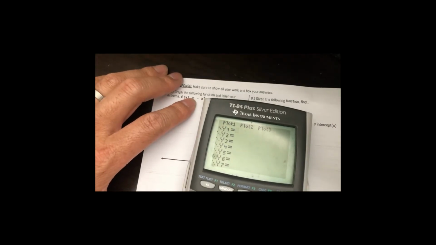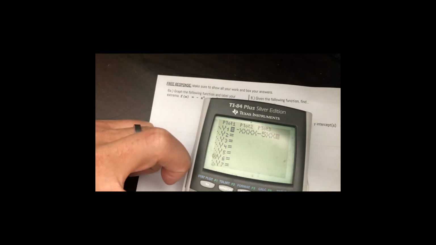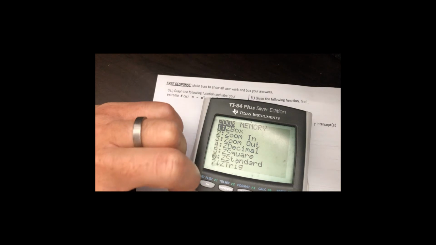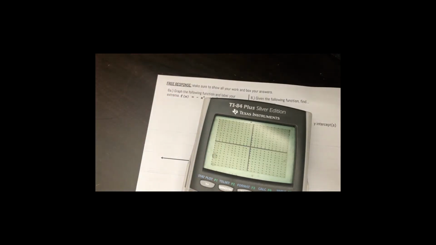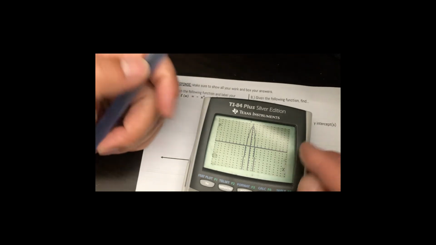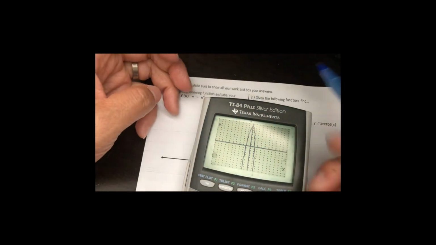Maybe you're clicking on the negative button. X minus 5x squared plus 9. Zoom 6. Okay, so this is what my graph looks like.